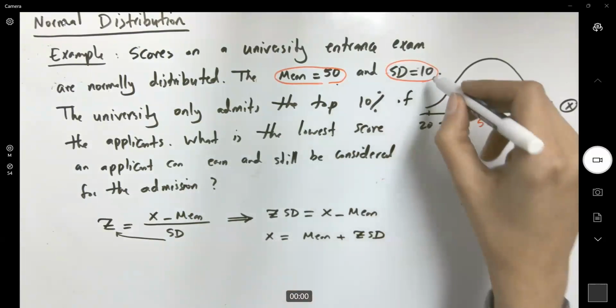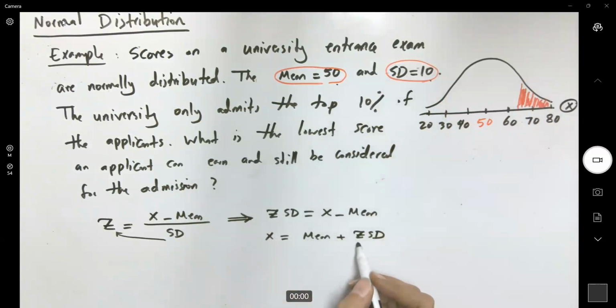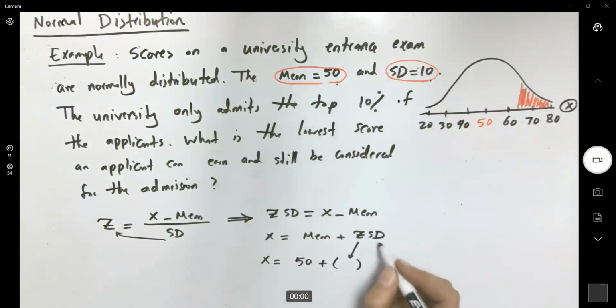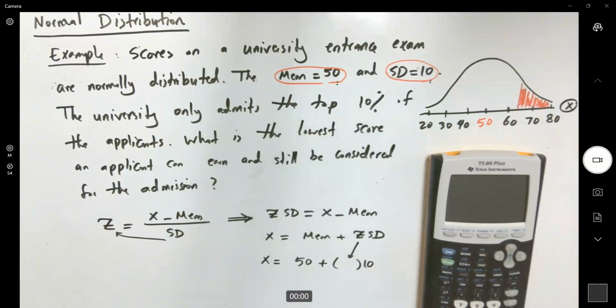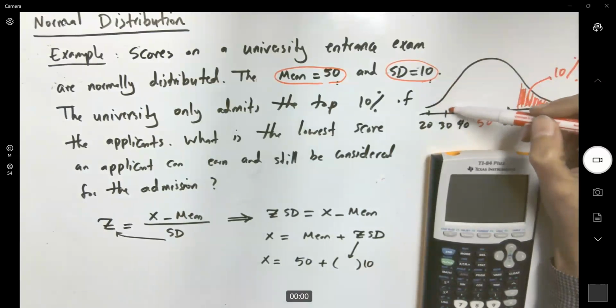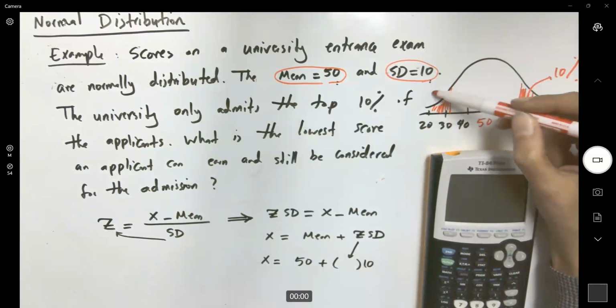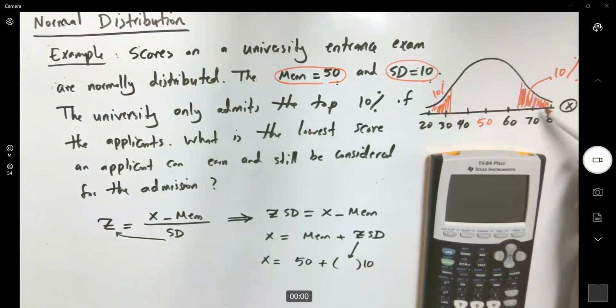I have my mean, I have my standard deviation. If I have Z, then I'm done. X is equal to 50 plus Z times the standard deviation, which is 10. But I need to know what Z is. Luckily, I know how to use a calculator to find Z. The area on the right-hand side is 10%. So I can just find the area to the left, find the negative Z-score, and then use the positive one for the right-hand side.